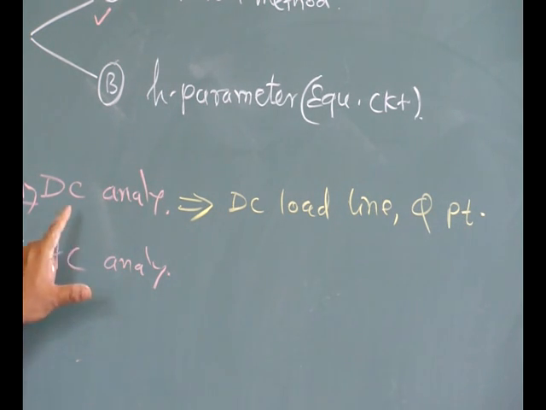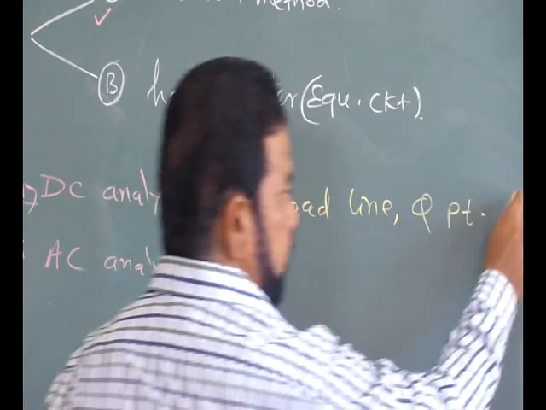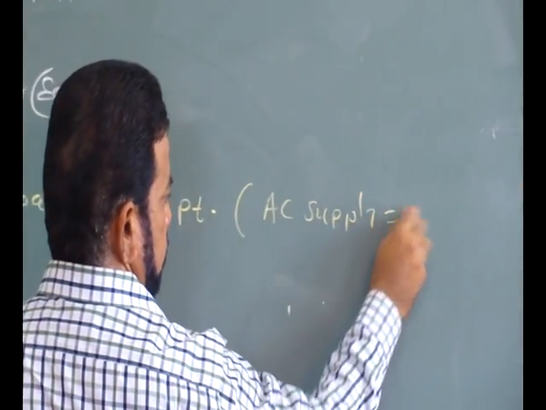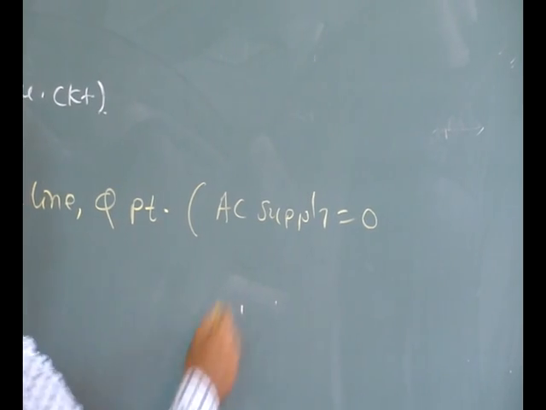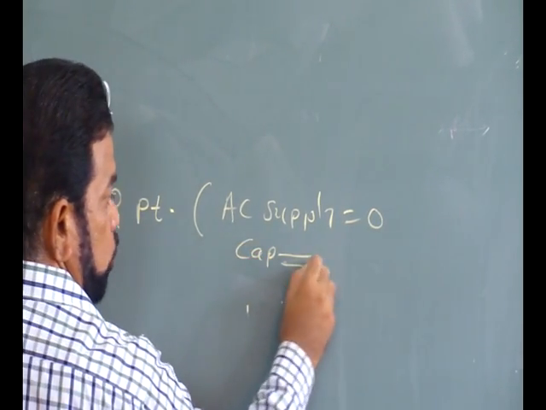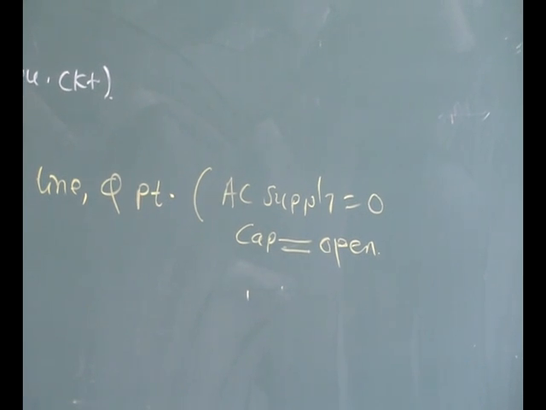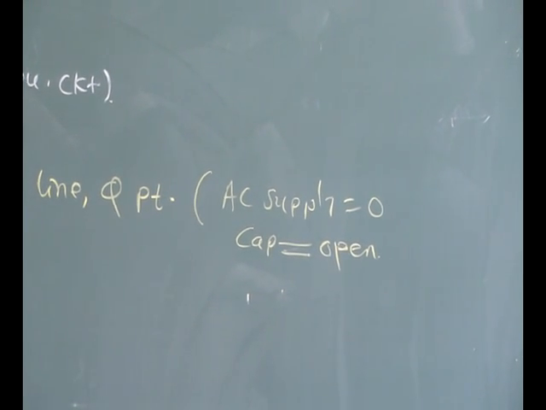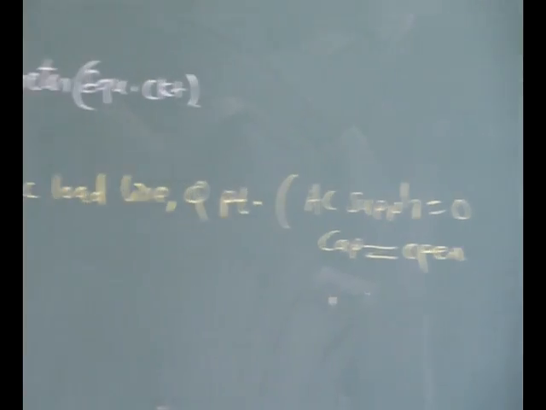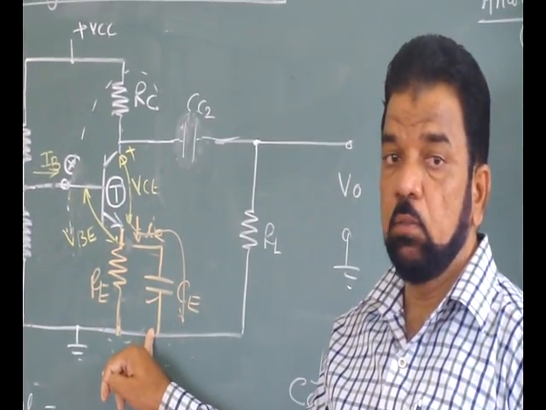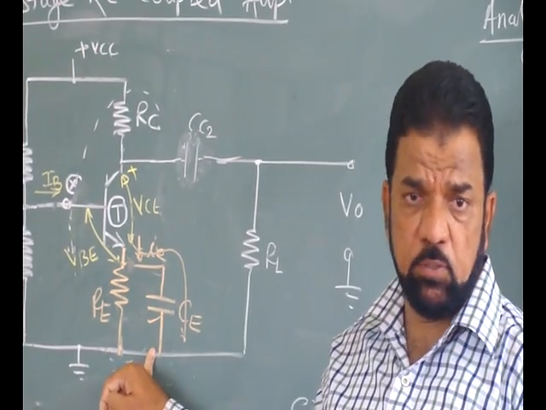For DC analysis, you have to follow certain steps. AC supply should be removed. Now, what about the capacitors? Capacitors should be open. Under DC condition, what is the reactance offered by all these capacitors? Infinite.